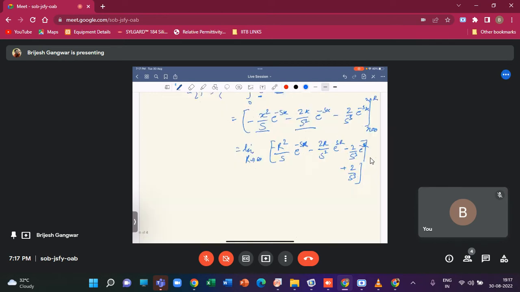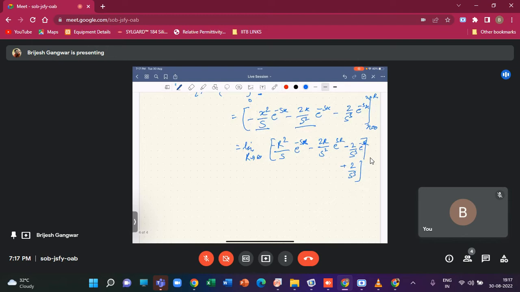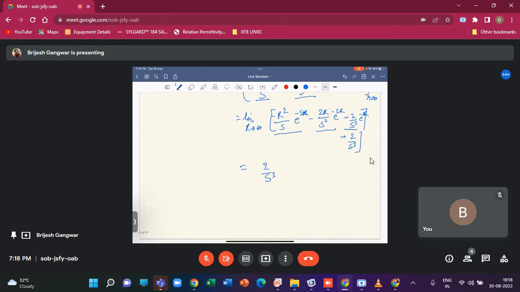Now if you put the limit r tends to infinity, all these terms will go to 0, then only this 2 upon s cube will remain.